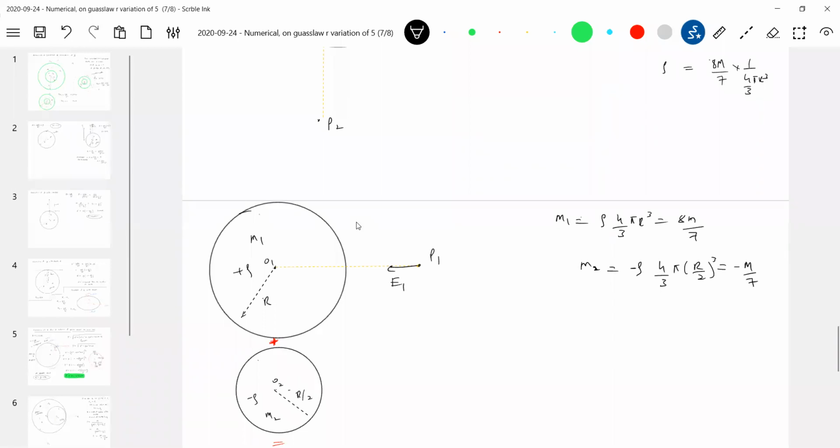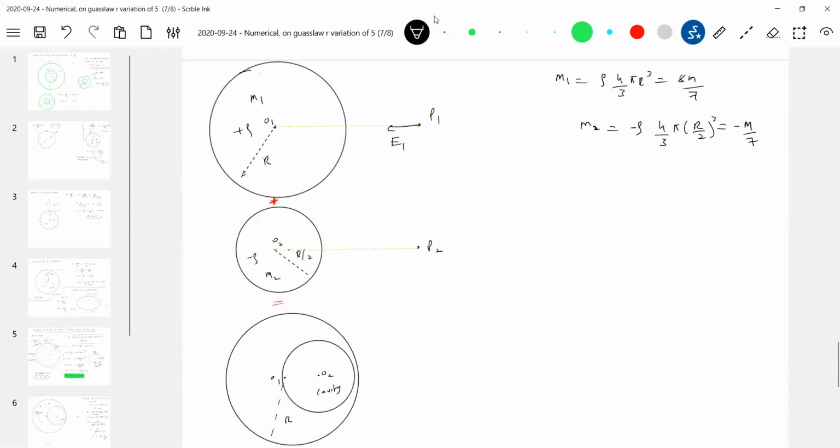Directly now, where will these points P1, P2 lie? For the cavity also it will lie outside, no? Let's come to this one. What is E1 you're going to write? Looking at this diagram, due to E1, the field will be towards this sphere without cavity, so E1 will be towards the left.